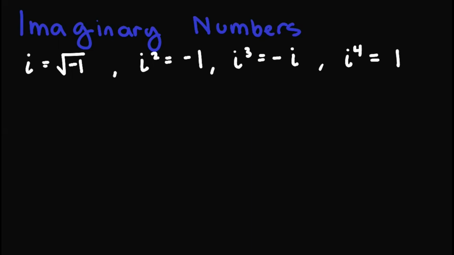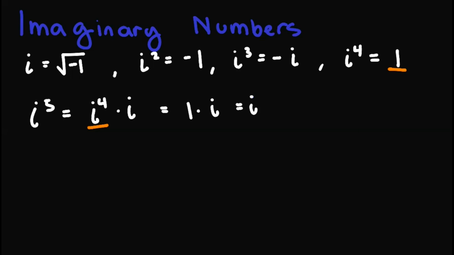How about i raised to 5? Note that i raised to 5, you can write this one as i raised to 4 times i. i raised to 4 is simply 1. So we'll have here 1 times i, or simply i.